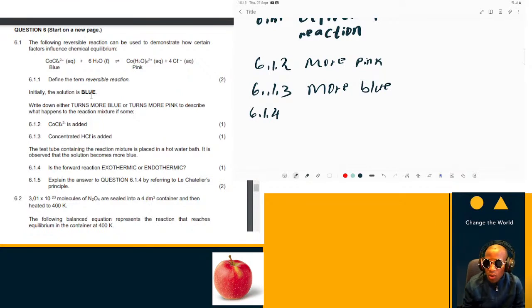So the answer is exothermic, because the increase in temperature is directly proportional to the favoring of the endothermic reaction.